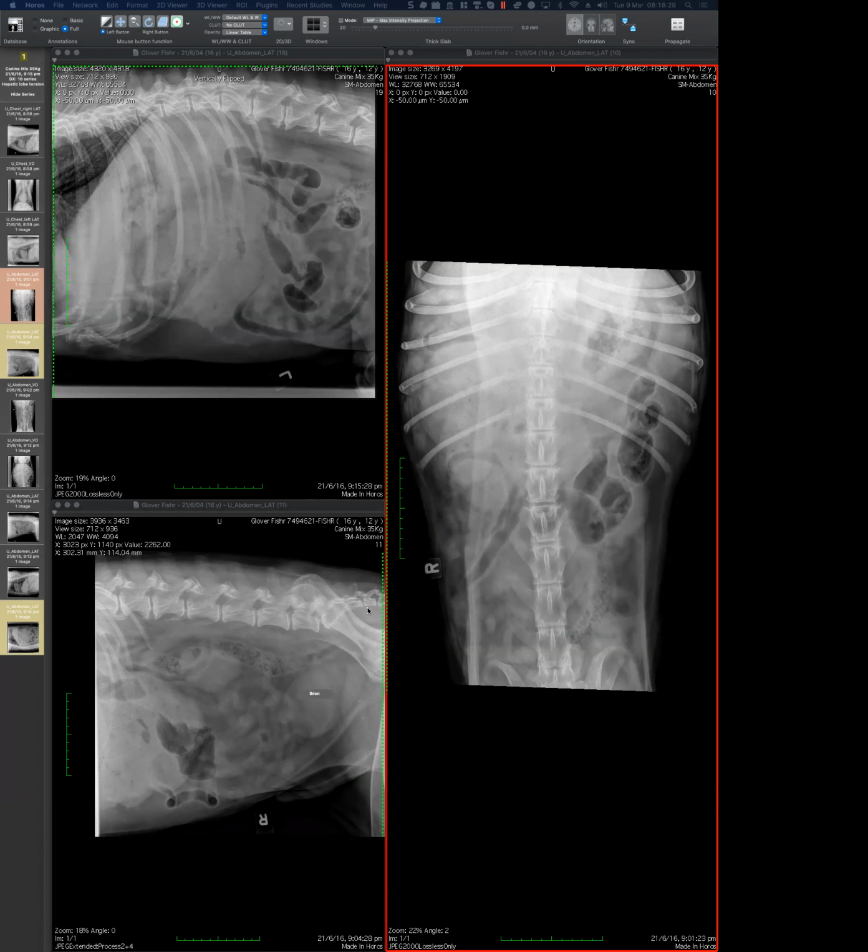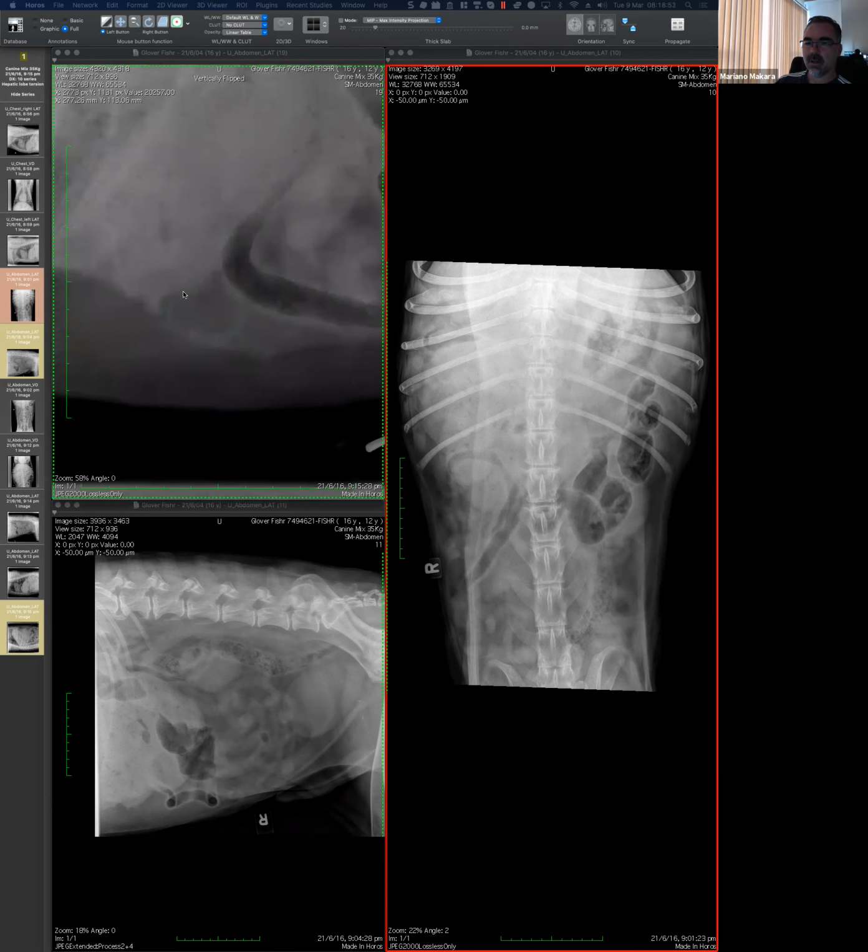And on the other lateral, you can see similarly clear margins, but I find it more difficult to be clear with the margin on the VD. Good, I agree. In some areas it's well defined, in some areas it seems to be kind of undulating, but in some areas like here, I think it's not so well defined.